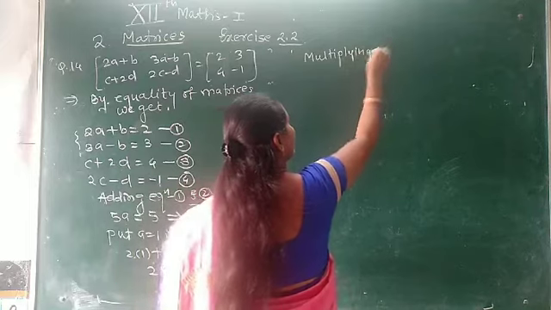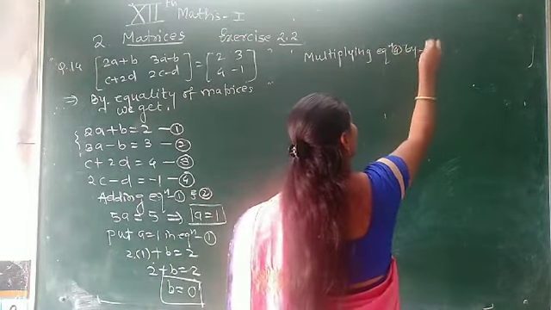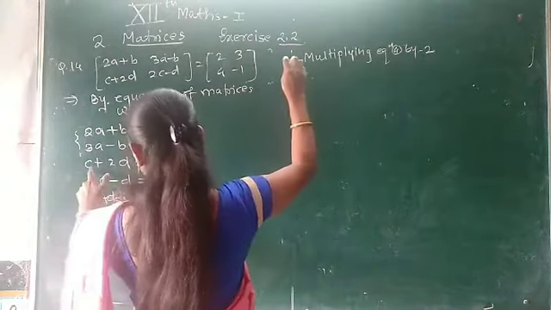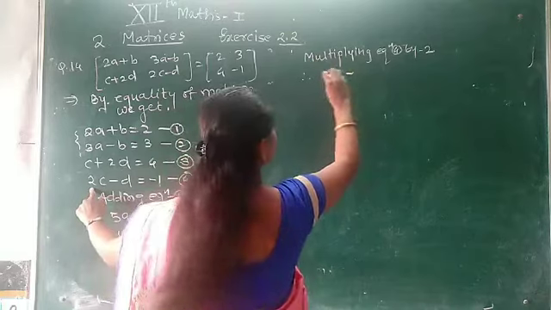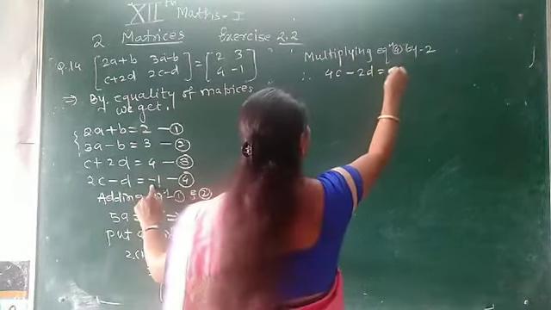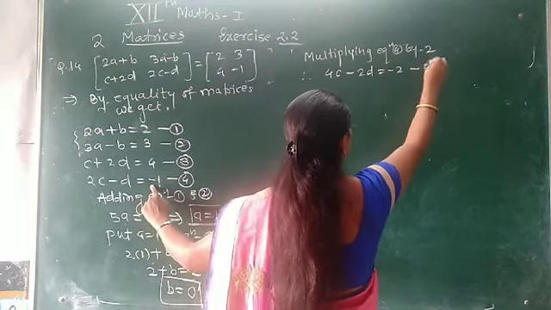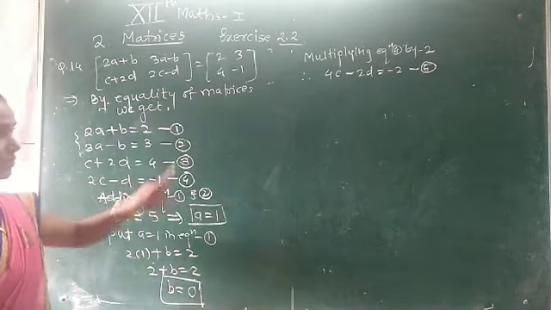Multiplying equation 4 by 2, we get 4c minus 2d is equal to minus 2. So that is equation number 5: 4c minus 2d is equal to minus 2.